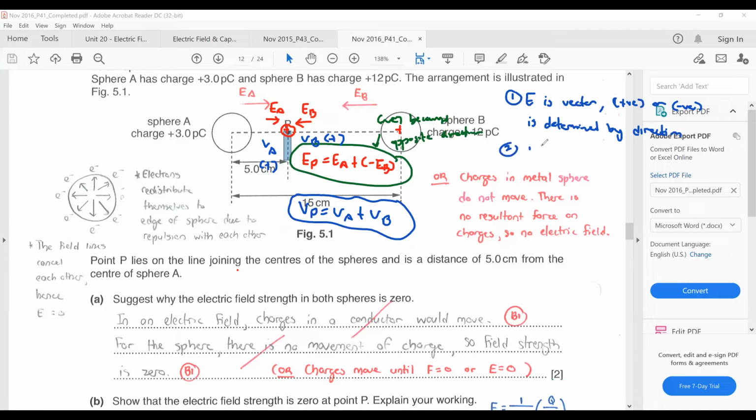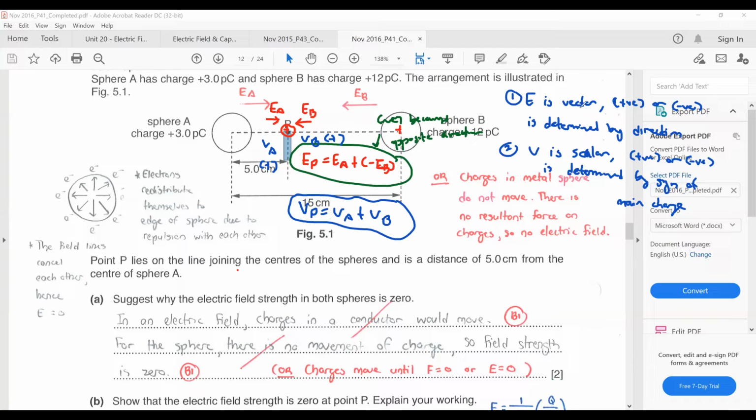Okay, then we'll tell you V is a scalar. Positive or negative is determined by the sign of the main charge. Okay, so this one will make things clear for you. When you're talking about field strengths, positive and negative is strictly speaking determined by the direction.